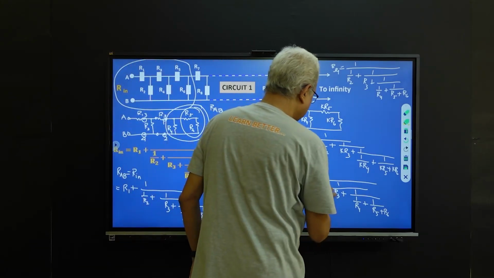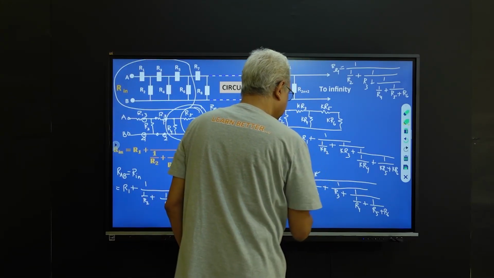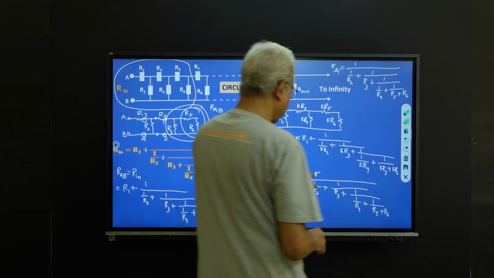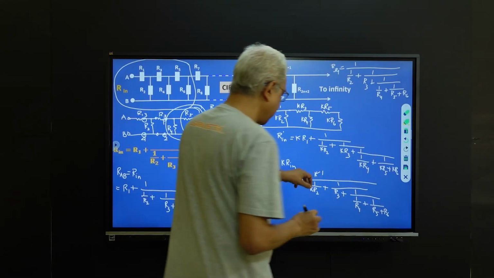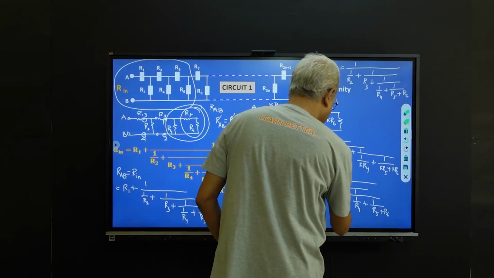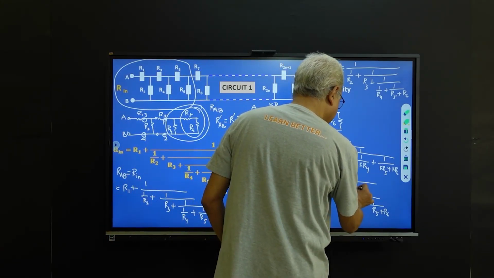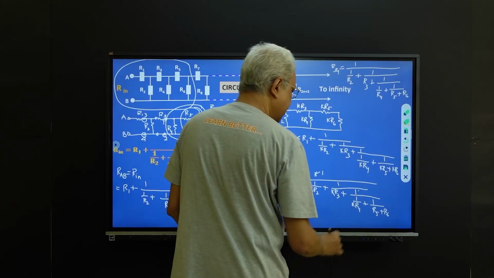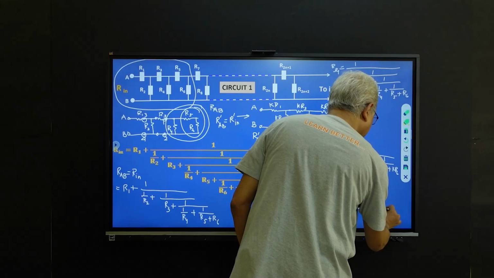Since there is a K over there, I can bring this K there. I can make this K 1 over there and divide it by K. So K comes here, K comes here also, but this K I can bring it here and here and here.